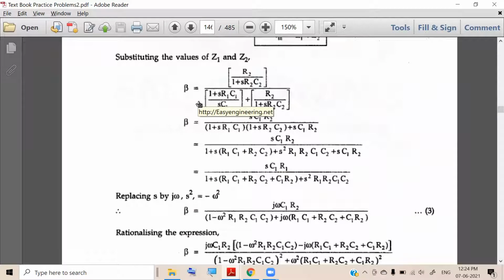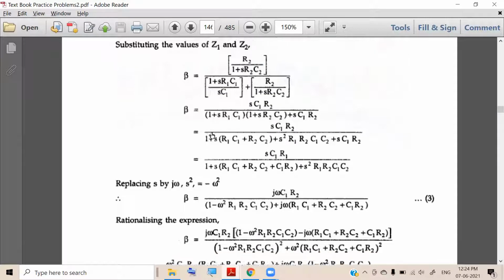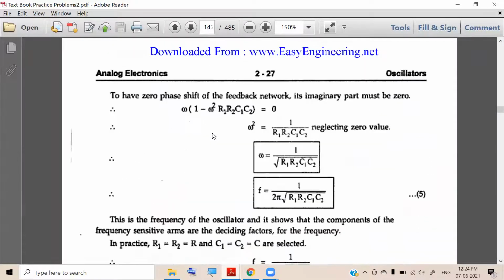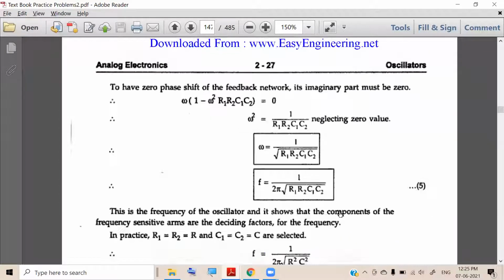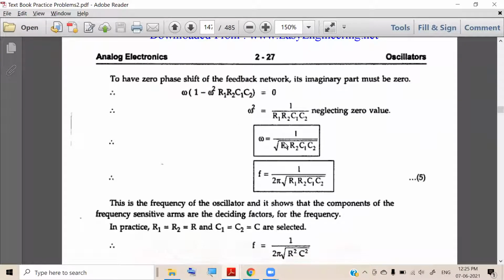I told you the feedback network provides 0 degree phase shift. 0 degree phase shift means the imaginary part should be 0. So we derived the expression for beta, and equating the imaginary part to 0, we got omega is 1 divided by square root of R1 R2 C1 C2.